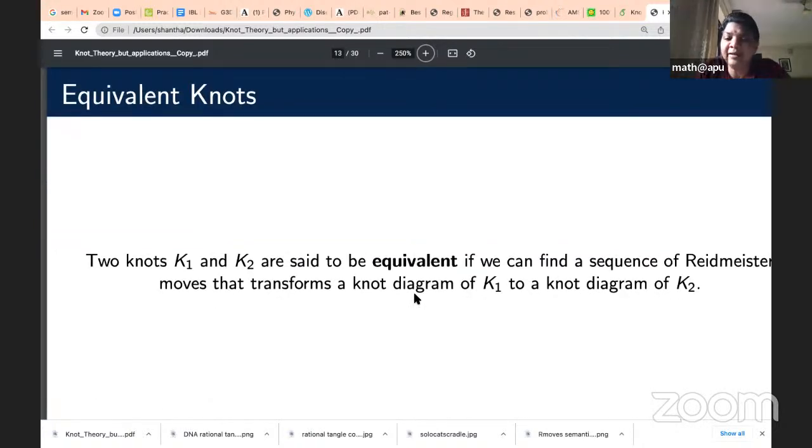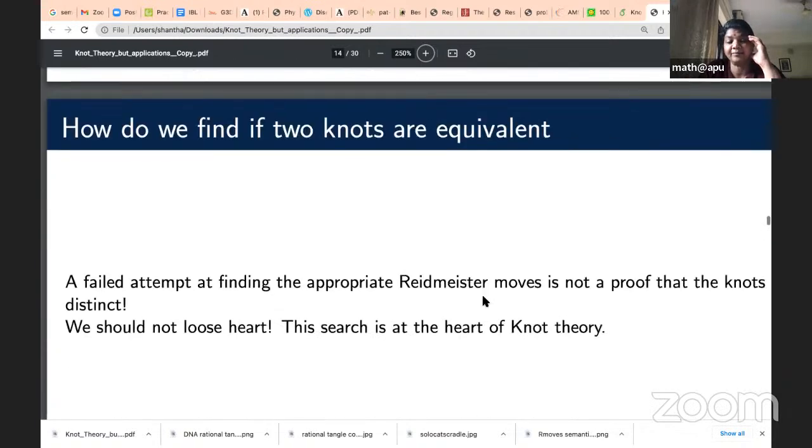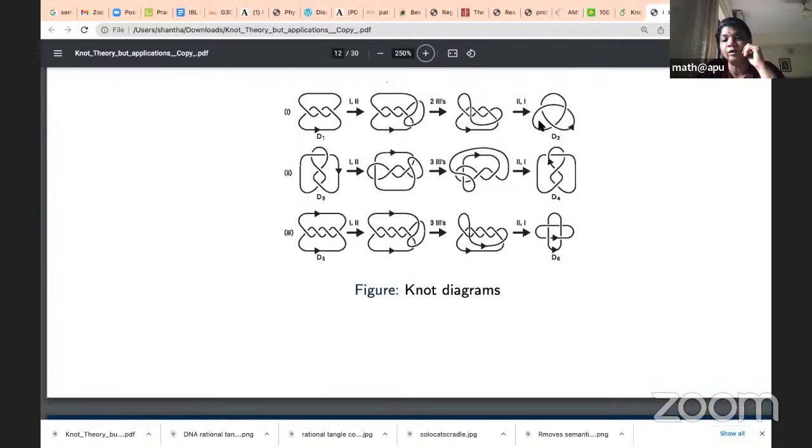It's very easy to define that 2 knots are equivalent if we can find a sequence of Reidemeister moves that transforms a knot diagram K1 to K2. But the question is, how do we find if 2 knots are equivalent? Suppose we had not been able to do this job. We had pictures and maybe we were tired or whatever, we were not able to find the sequence of Reidemeister moves.